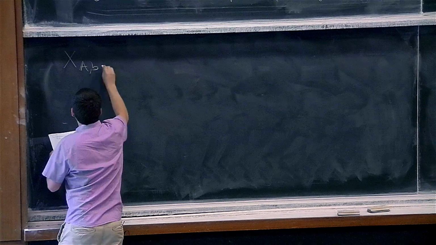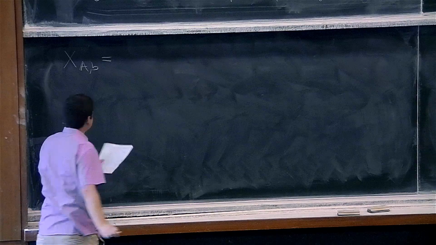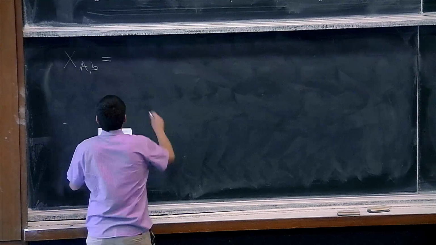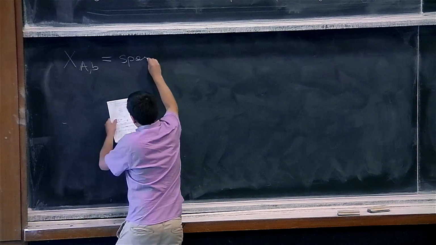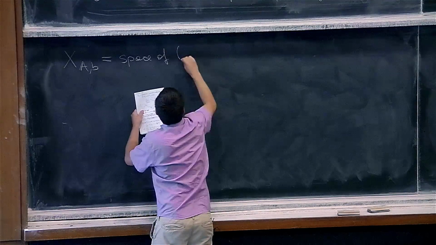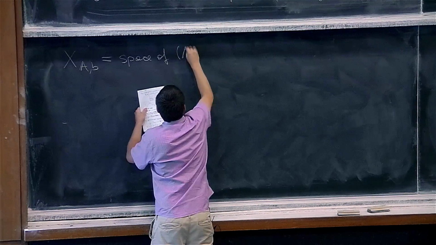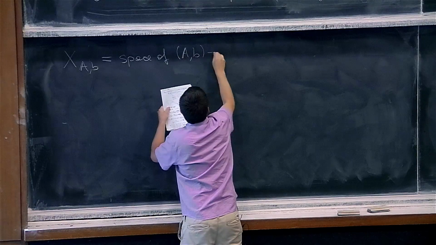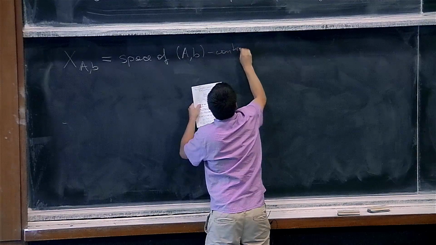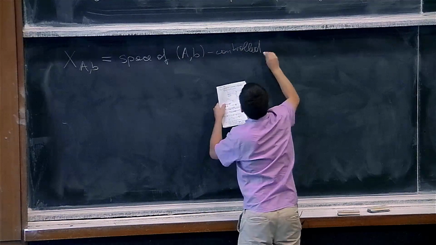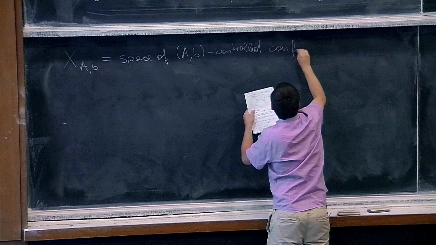So here, let's say X_AB is the space of AB controlled configurations of domains and curves.